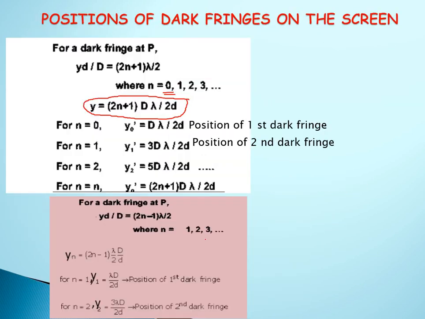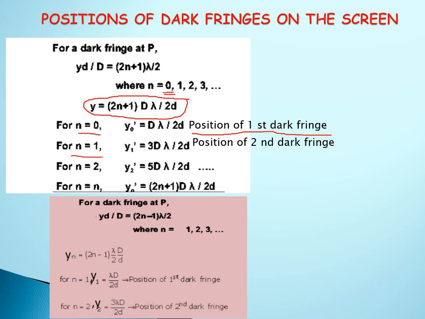But look at this equation. Here the equation is (2n plus 1) lambda D by 2d. When n is equal to 0, there is no dark central fringe. So when n is equal to 0, we are getting the position of the first dark fringe, y0 dash.